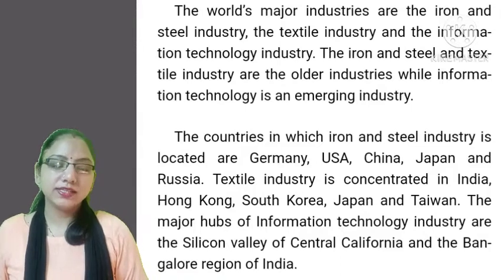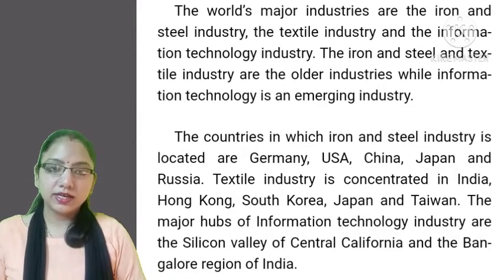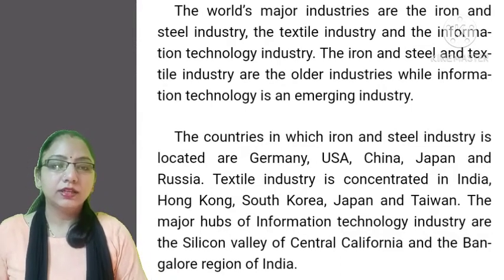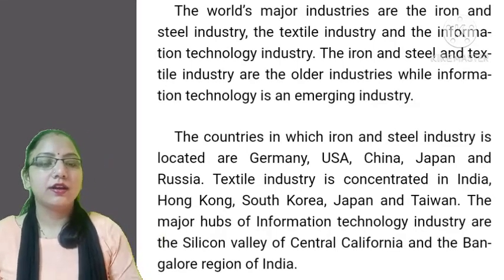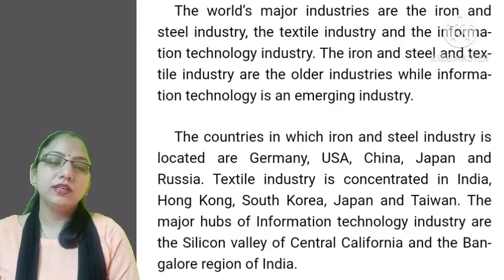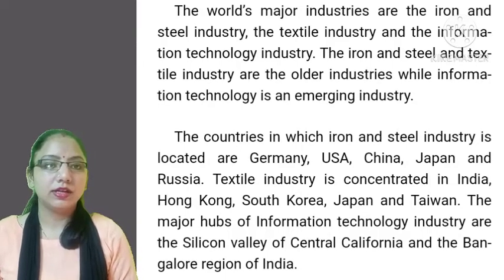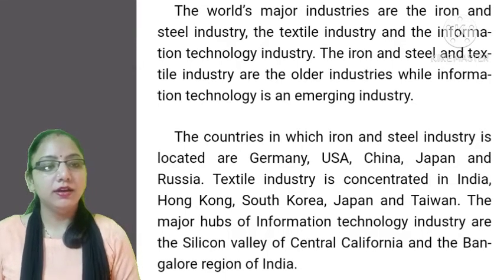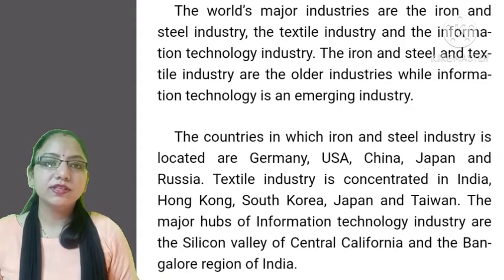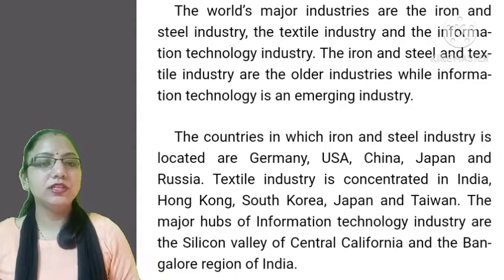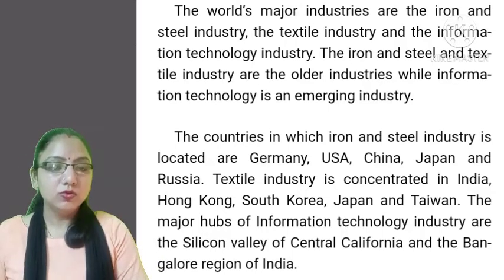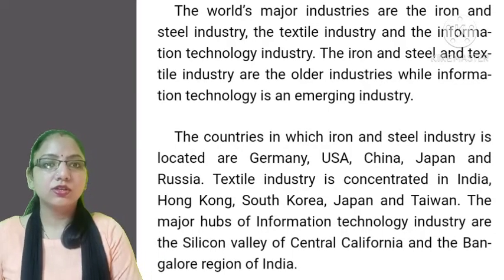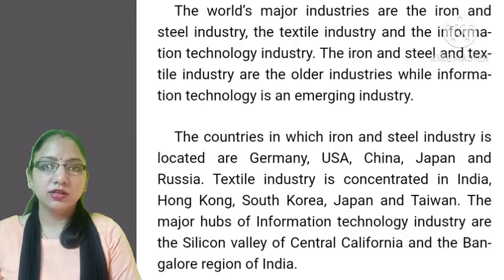Students, as we know, the cotton and textile industry and the iron and steel industry are both running since a very long time, even in ancient times. So first we will do a comparative study of these two industries. Later we will see a new emerging industry, information technology.